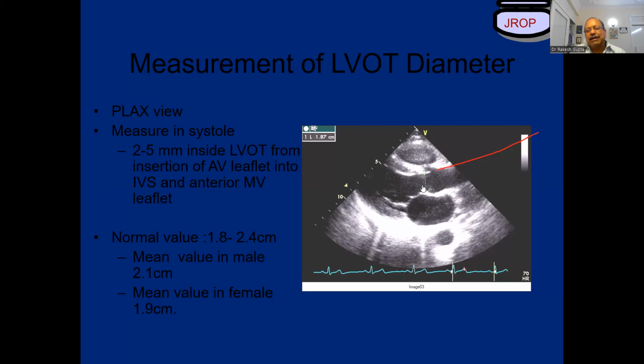This is in early systole, or the beginning of systole, when both the leaflets are clearly seen and opening up. Then you measure this LVOT dimension. This LVOT dimension is approximately 24 millimeters with a range of 18 to 24 millimeters, where males have a little bit bigger LVOT than the female population.